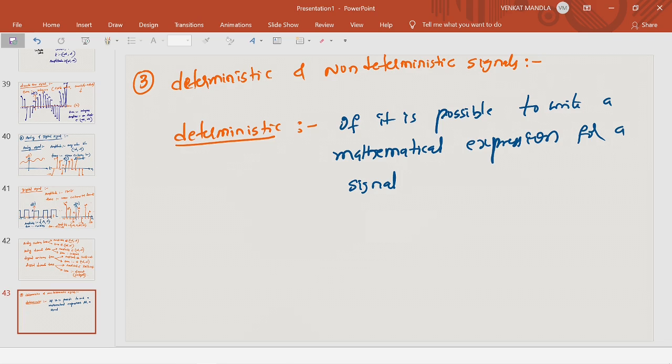Example, a sinusoidal signal, a rectangular signal. All the signals I have discussed earlier, a step signal or ramp signal. We are giving a mathematical expression for them. U of t equal to 1 for t greater than 0, 0 for t less than 0, like that.